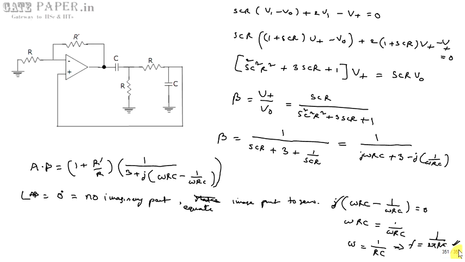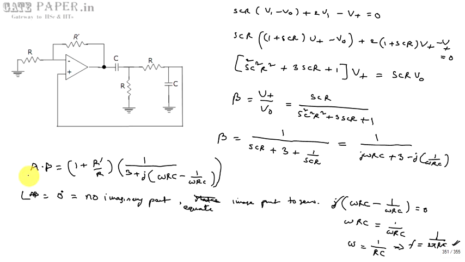At this frequency, obtained by making the imaginary part 0, there is no imaginary part in the above equation. This is the required frequency of oscillations.